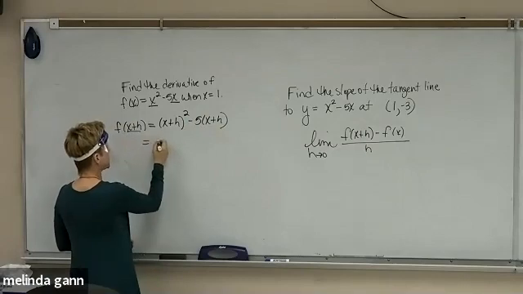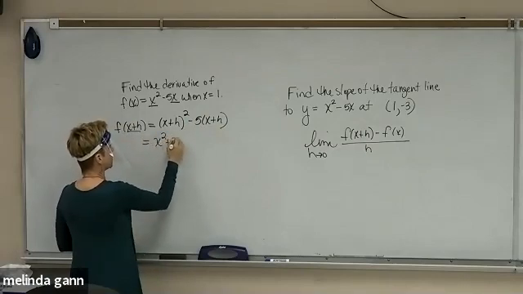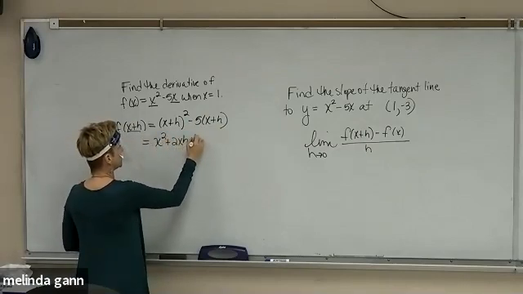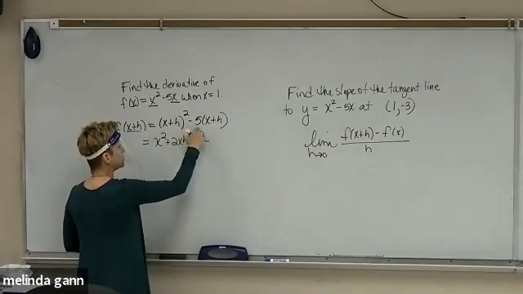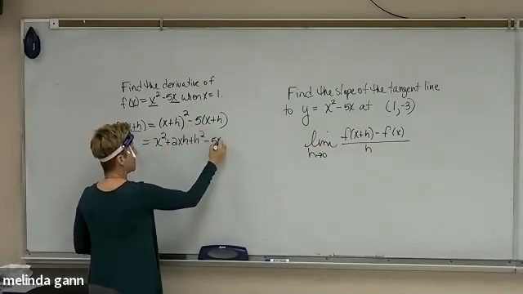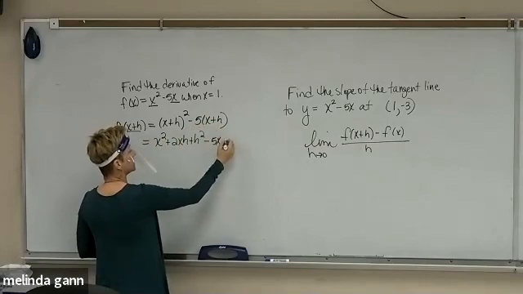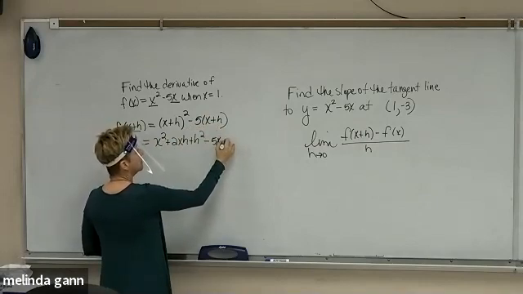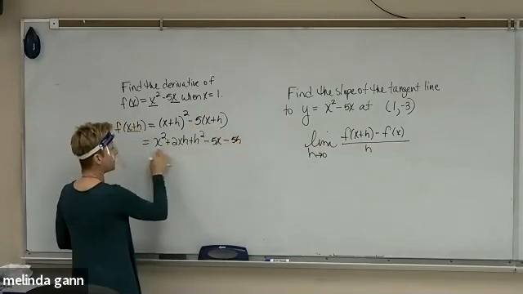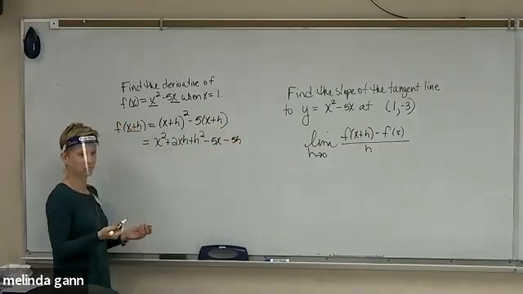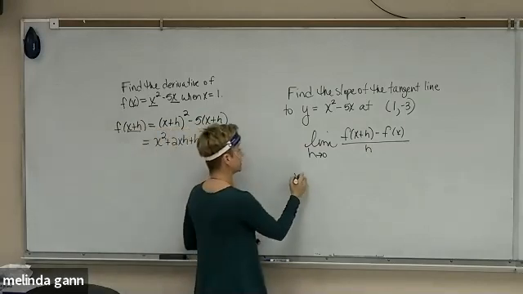So when I square x plus h, I'm going to get x squared plus 2xh plus h squared. And then make sure you distribute that minus. So it's minus 5x. Is it plus or minus 5h? You tell me. Minus. Now, there's nothing that I can do to make that look any better. There are no like variables there.